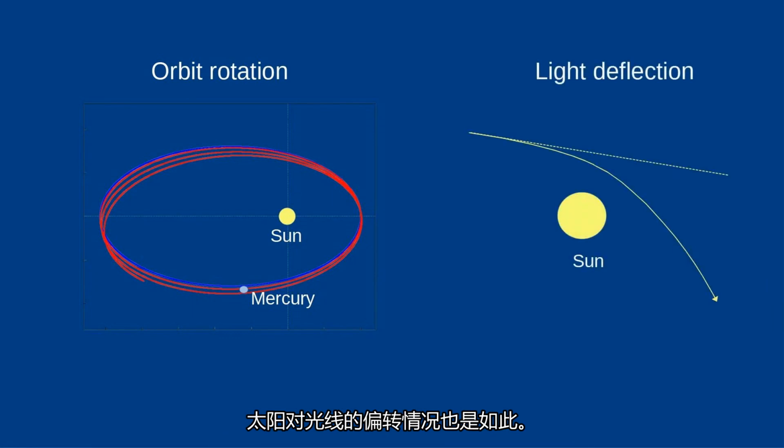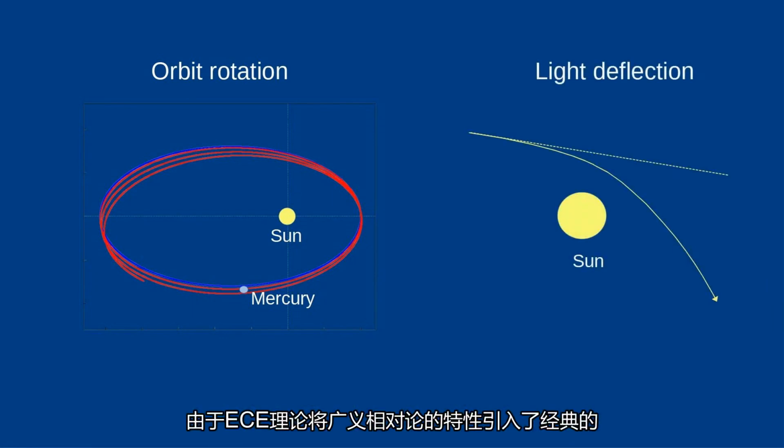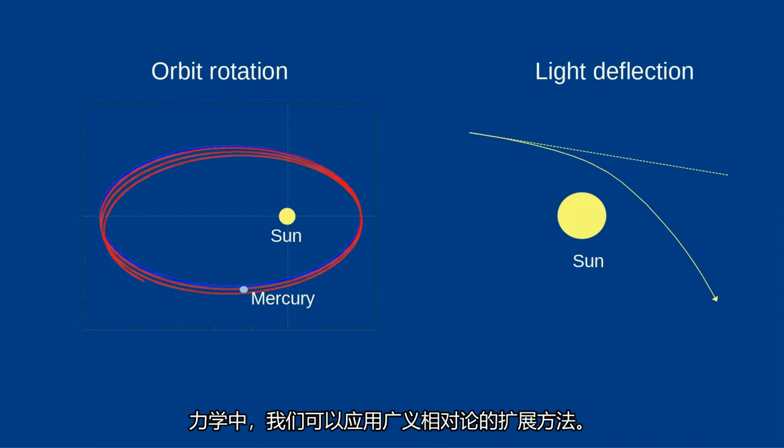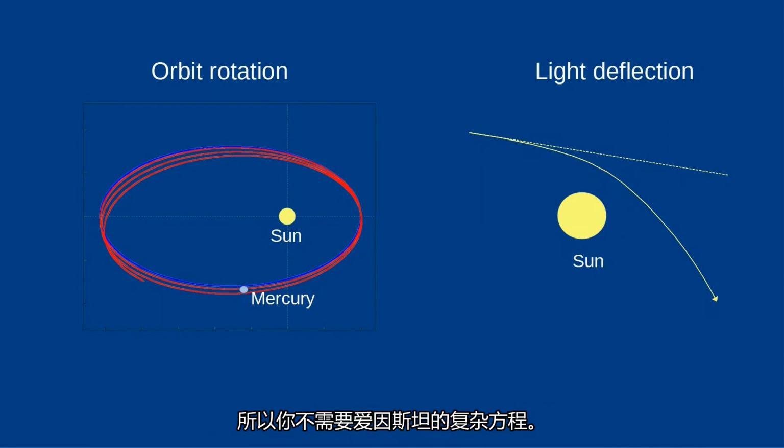The situation is similar with the deflection of light by the Sun. Since ECE theory introduces the properties of general relativity into classical mechanics, one can apply an extension of the methods of Euler and Lagrange to both problems. So you don't need Einstein's complicated equations.